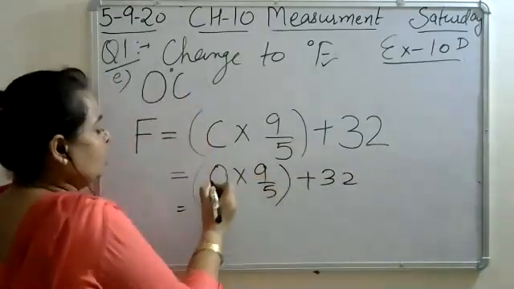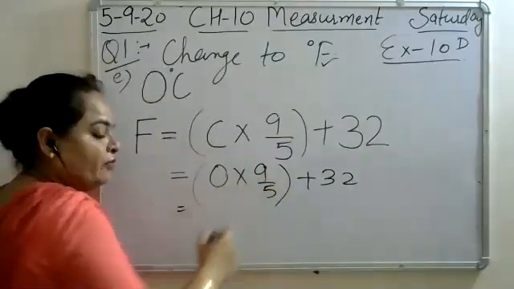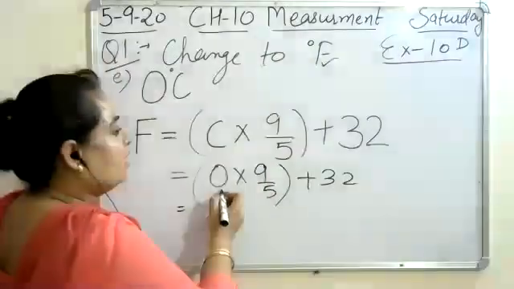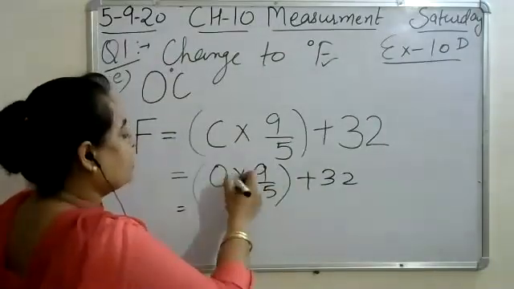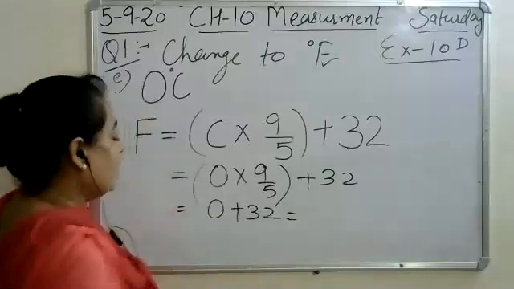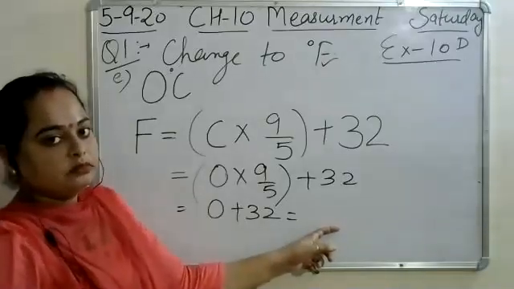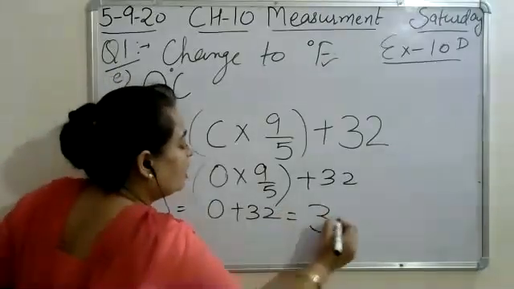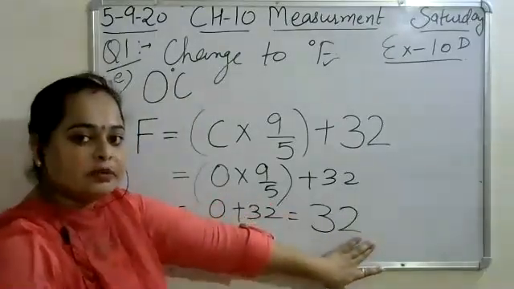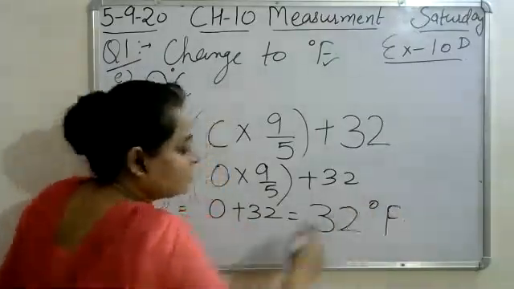Now tell me, 0 multiplied by any number is 0. Yes. So this is 0 plus 32. When you add 0 to any number, the result is the same number, 32. Now will you write degree Celsius or degree Fahrenheit? Degree Fahrenheit. So this is the way to solve the sum.